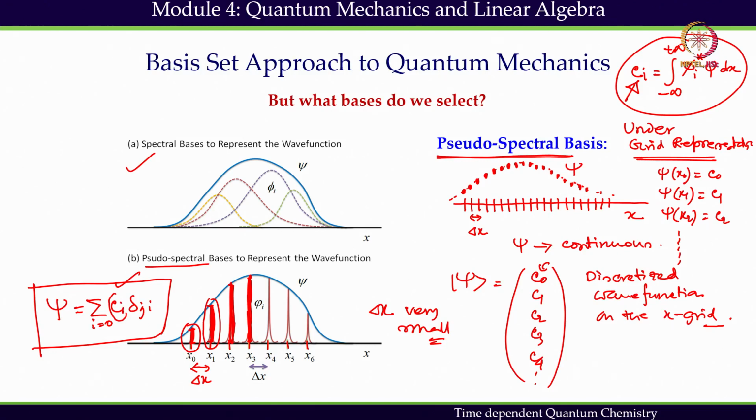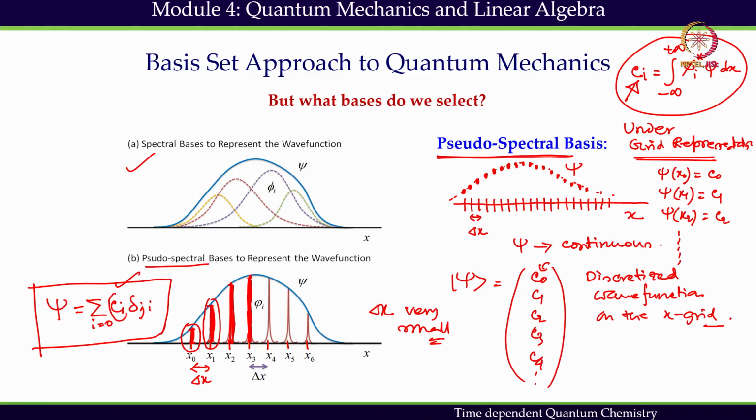So, once a wave function is represented by a column matrix using the pseudo-spectral basis approach under grid representation, the next important question is the following: what is the matrix representation of quantum mechanical operators under grid representation?